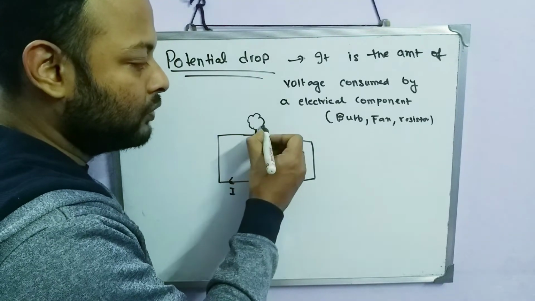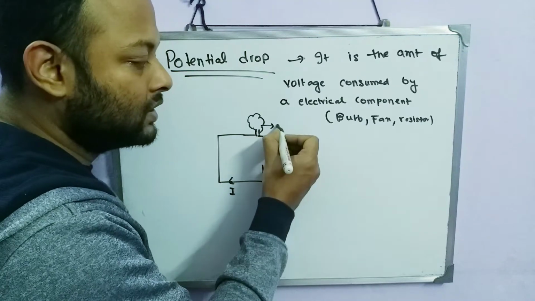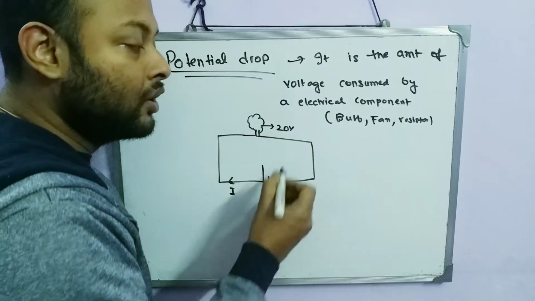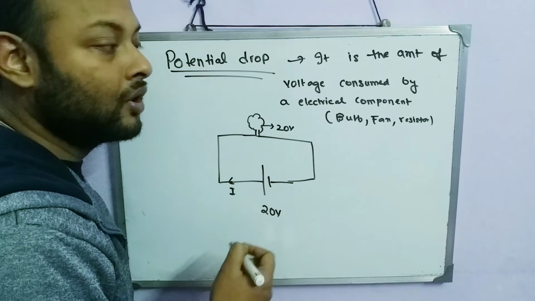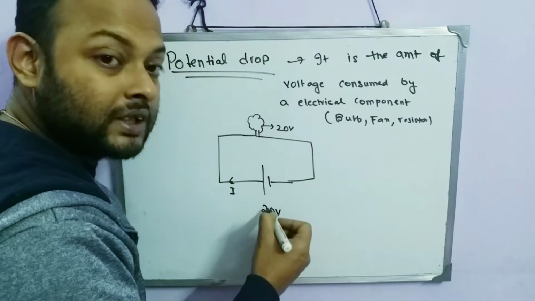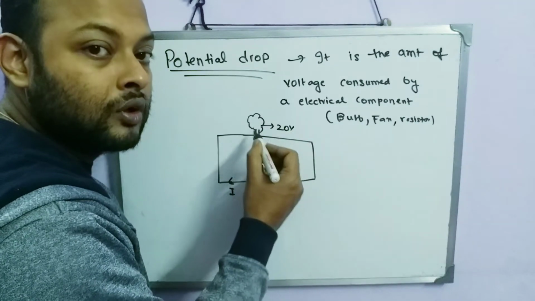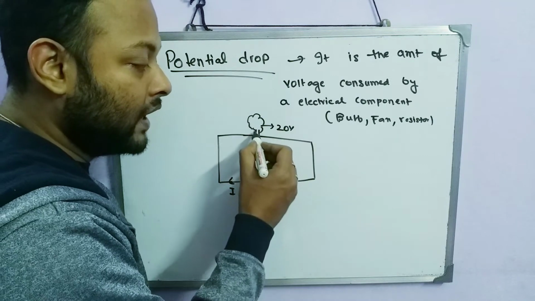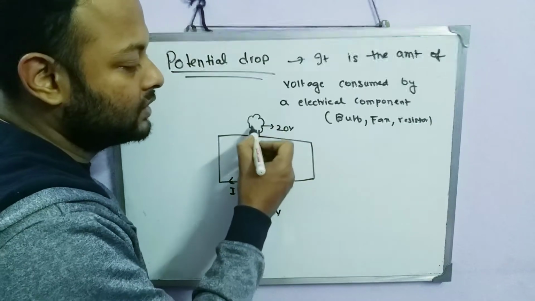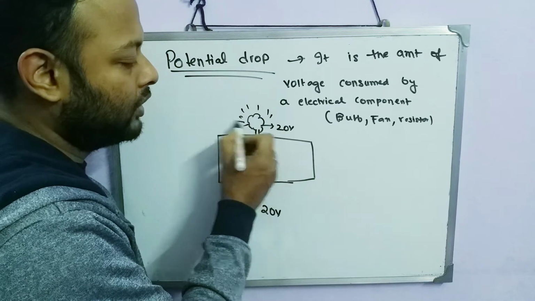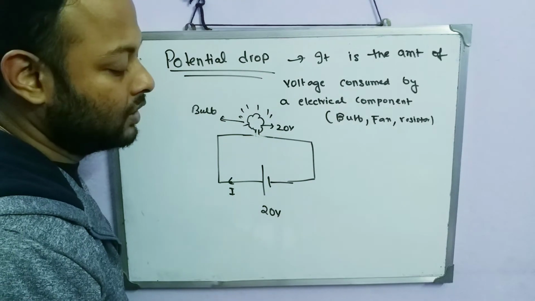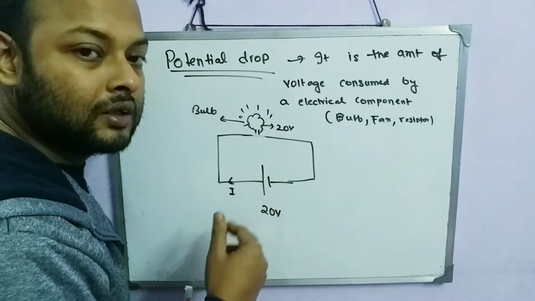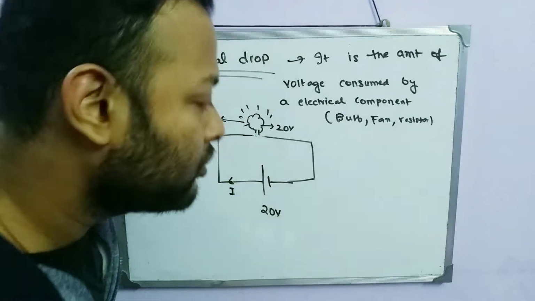If it consumes 20 volt, the potential drop through this bulb is 20 volt. So it is the potential which is consumed by any electrical component. If the bulb consumes this 20 volt, then the potential drop is 20 volt.